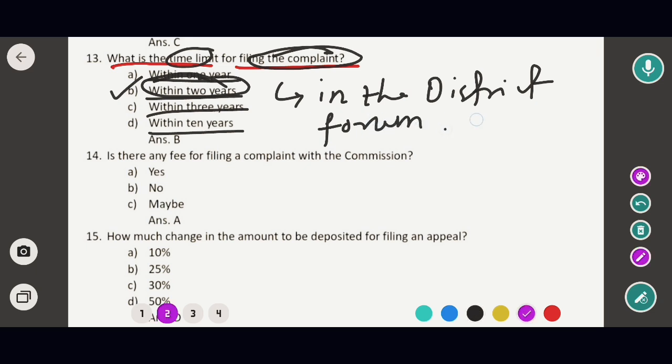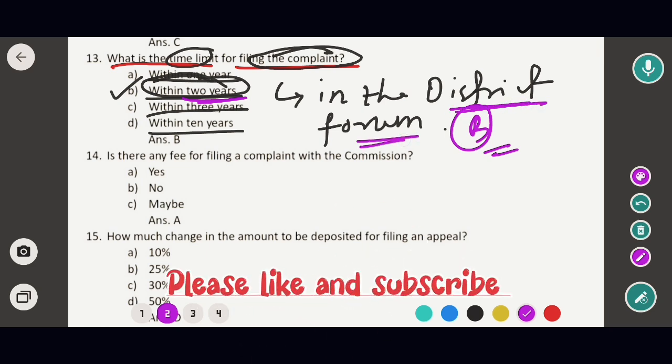So in this case, the correct option would be option B. That means within 2 years, a complaint can be filed by a consumer in the district forum. Okay, so in this case, the correct option would be option B.